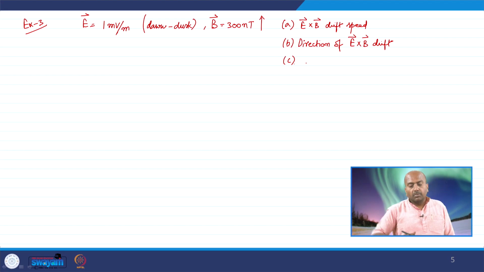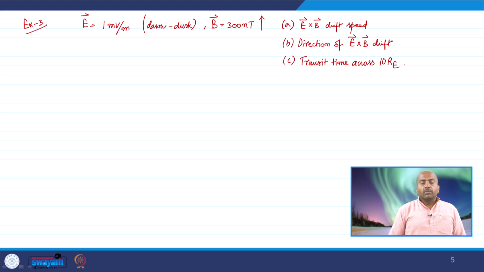Subsequently, if the particles are under E cross B drift, we can calculate the transit time across 10 RE. From the discussions of plasma physics, we know that the E cross B drift is independent of the charge.